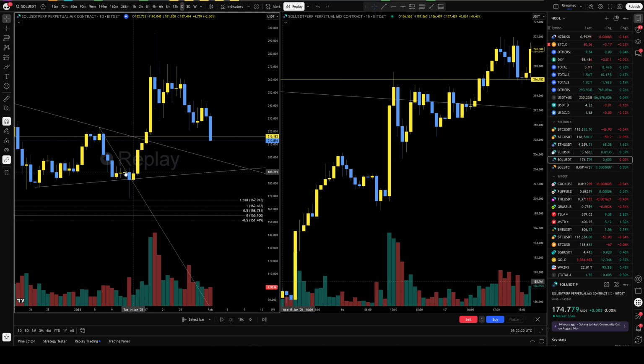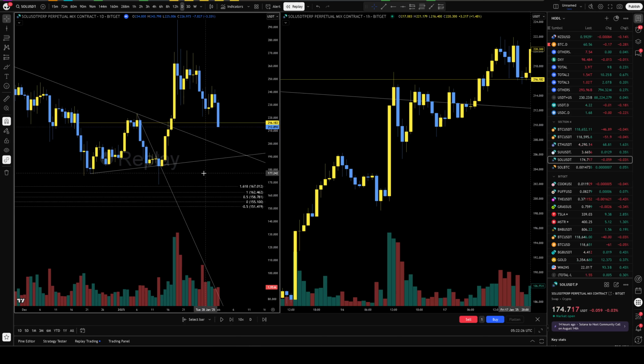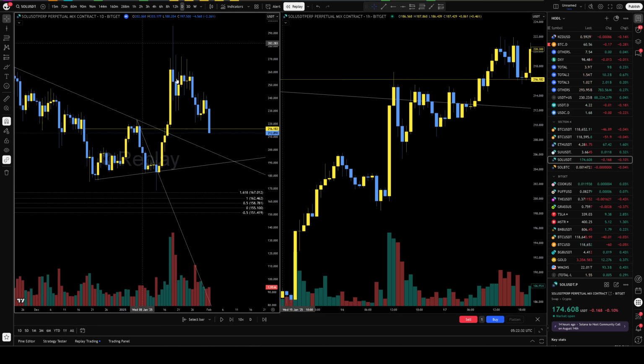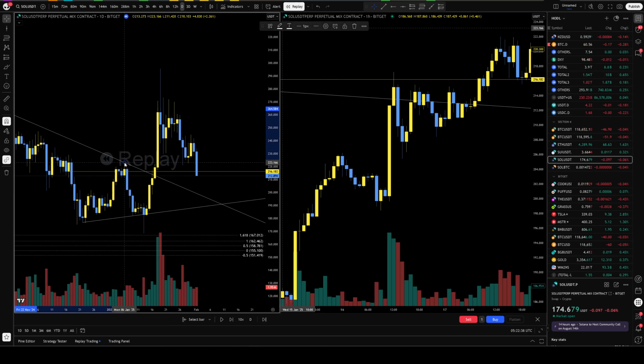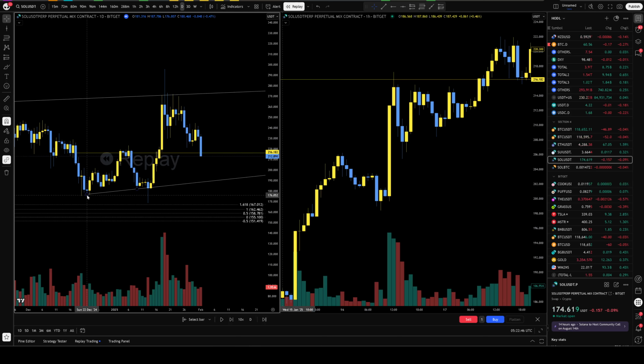It will probably bounce off that, but it's not one I would take, just because it's not a properly engulfed candle. And then really it's all the way down to this one again. So not a lot of support on this on the daily. Trend has moved. Yeah, it's caused that nasty rejection. Just get rid of that for now. Yeah, so this bounce is to do with this in here, but like I say, it's not.